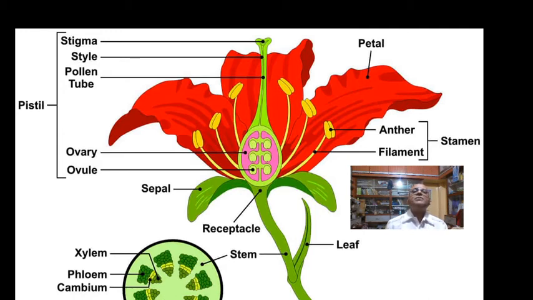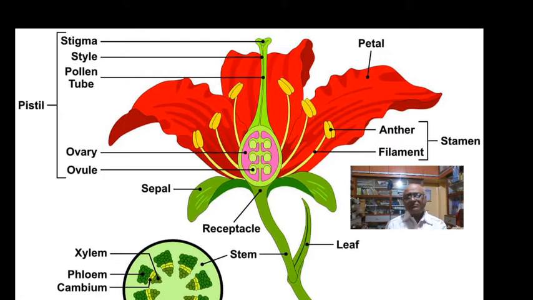The second whorl is the corolla. This corolla is a particularly colored structure. No doubt, some of the flowers in the angiosperms are not colored. But here, in most cases, the flowers are colored due to the colored petals. Why are these petals colored? Due to the presence of anthocyanin pigment.